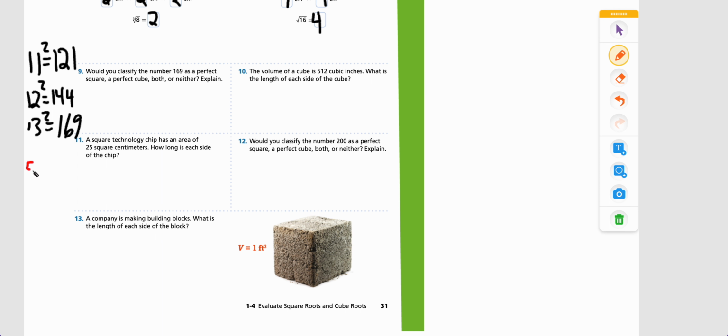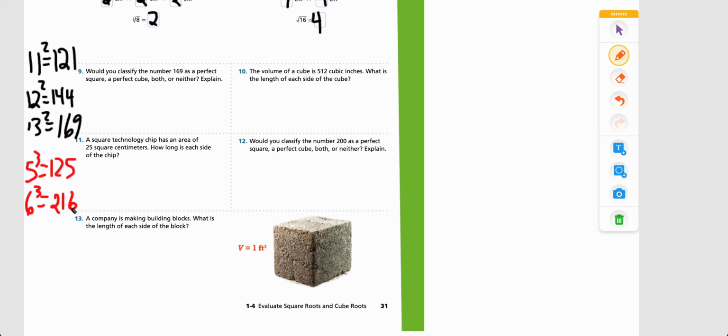What is 5 cubed? 125. And what is 6 cubed? 216. Okay, so the cube numbers get big really, really fast, right?